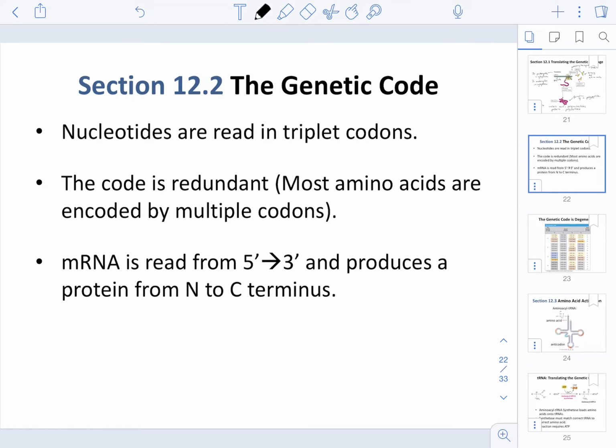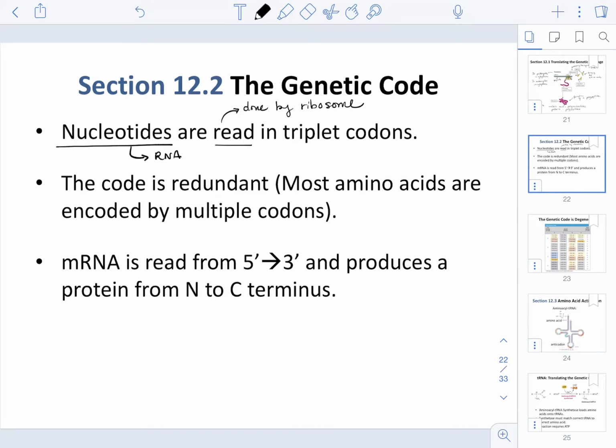So when we talk about the synthesis of proteins, we must first introduce the concept of genetic code. The genetic code is how the nucleotides that are present in the RNA molecule are going to be read. And this reading, remember, is done by the ribosome.